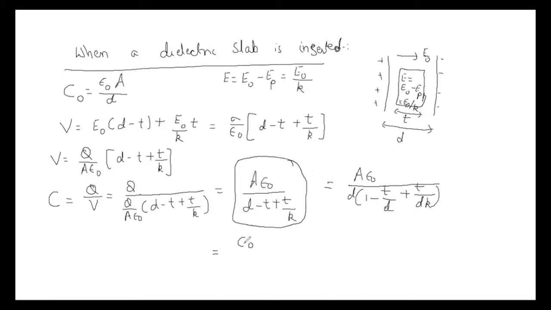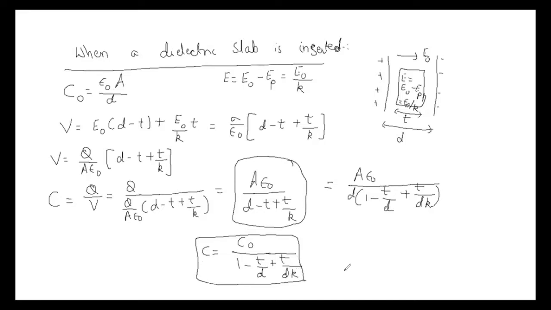So this can also be written as C naught upon 1 minus T upon D plus T upon D into K, which is the expression of the capacitance in terms of C naught. So when a dielectric slab is inserted, the capacitance of the parallel plate capacitor is either given by A epsilon naught upon D minus T plus T by K, or in terms of C naught, by C naught upon 1 minus T upon D plus T upon D into K. K is the dielectric constant.